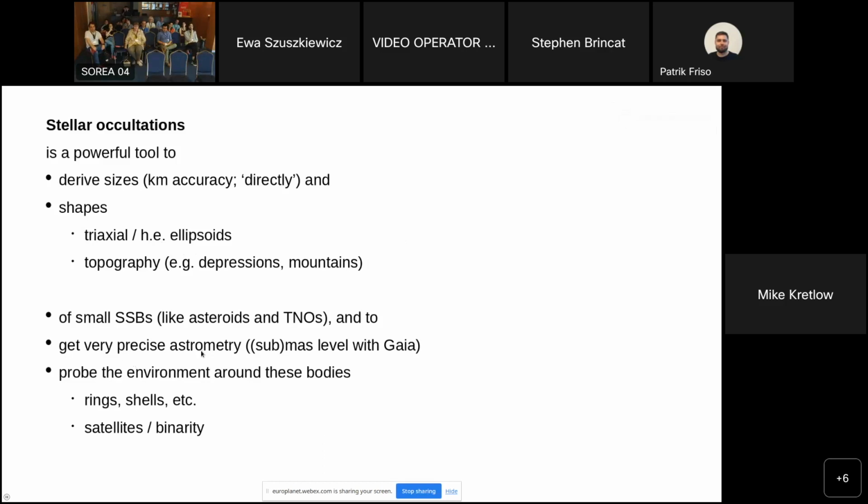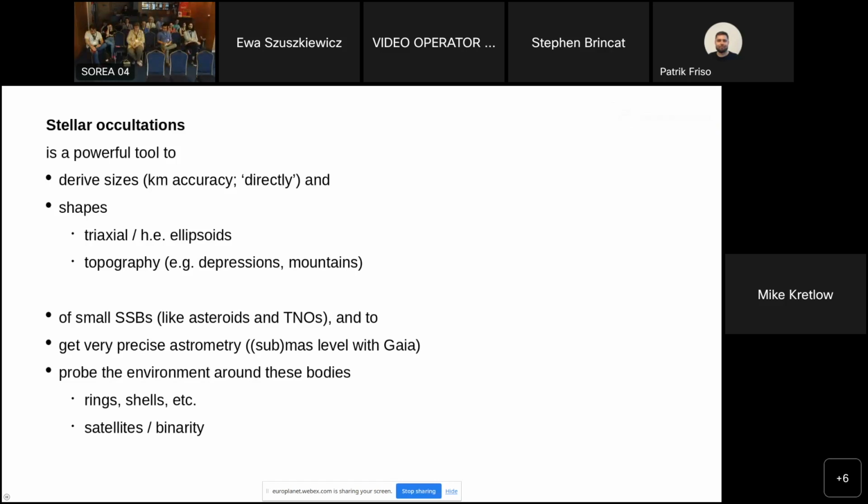You get very precise astrometry at the micro-arcsecond level with the Gaia stellar catalog. And as shown in the first slides, you can probe the environment for rings, shells, satellites, and so on. So all in all, stellar occultation is a very powerful ground-based observing method. And it can be very cheap, because you have to observe not the TNO, you have to observe the star.